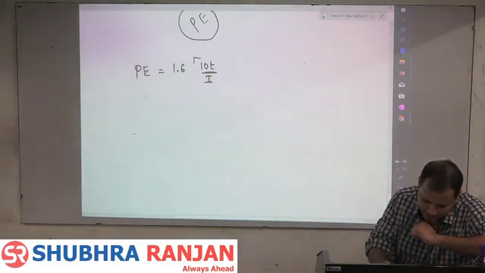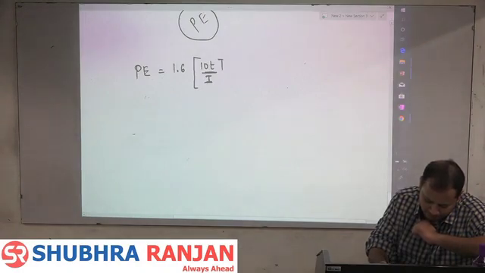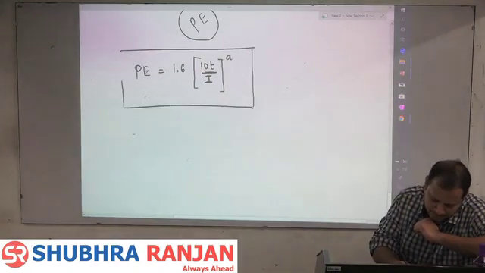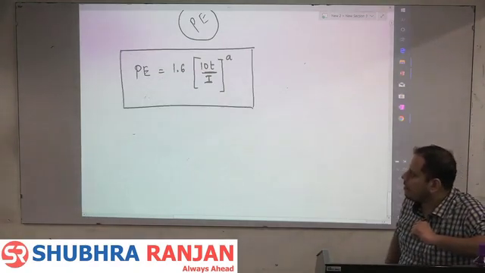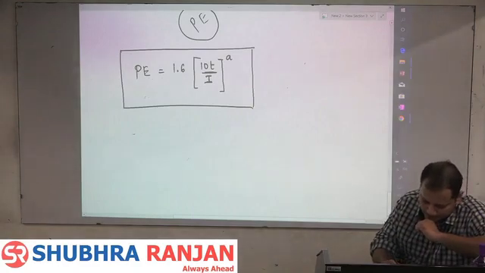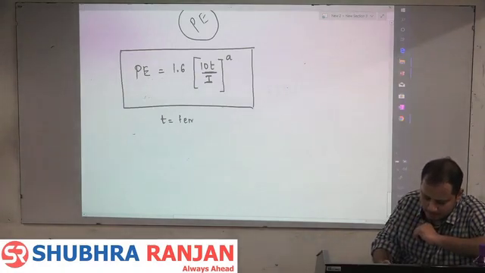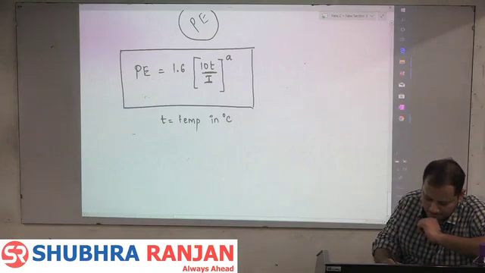It depends upon the energy received from the sun and is given as PE is equal to 1.6 (10T divided by I) raised to A.